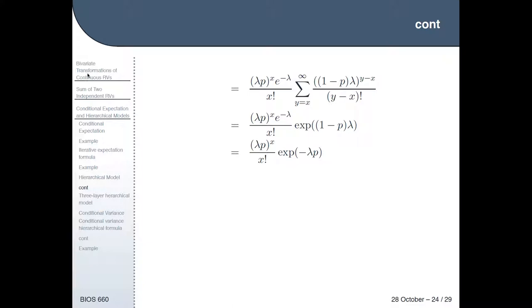And that, of course, can be written as (lambda p) to the x times e to the minus lambda p, all over x factorial, which of course is just a Poisson random variable with rate parameter lambda times p. So the expected number of eggs that survive is just lambda times p.